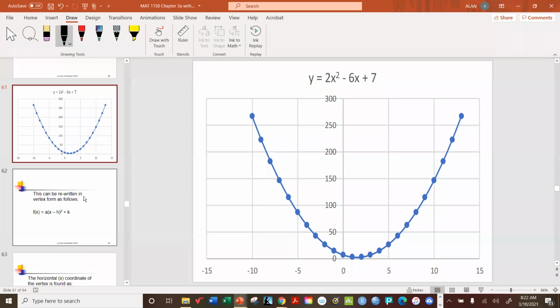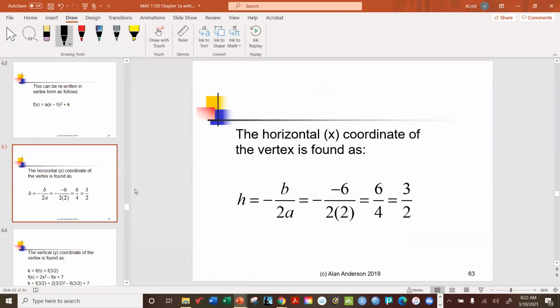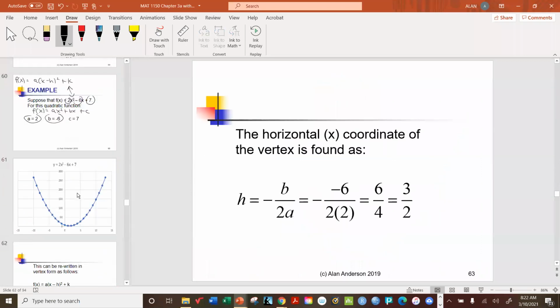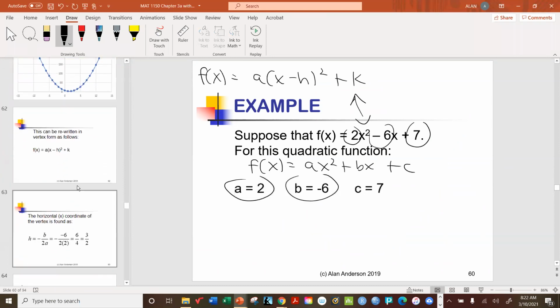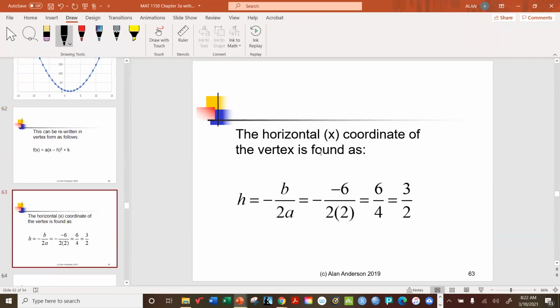Okay, so here's the form. Actually, let me copy these. So there's another formula here. There's two formulas actually going on here.